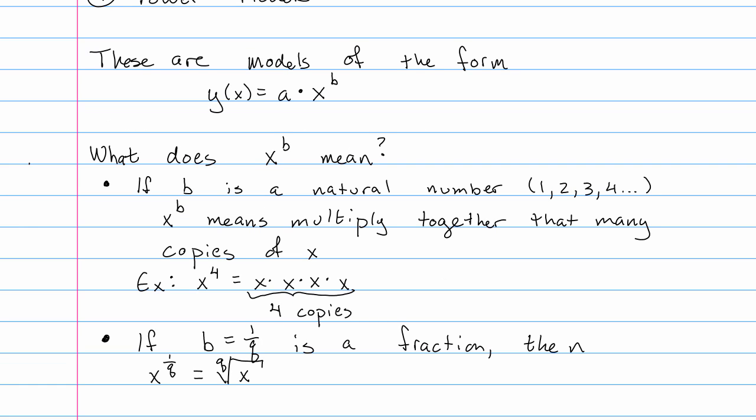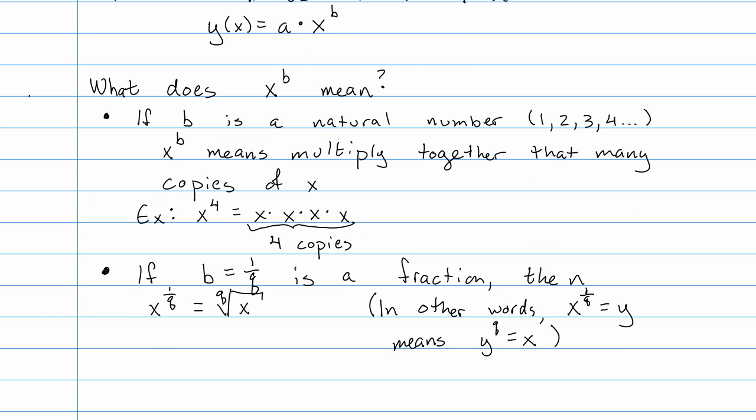If b is a fraction whose numerator is 1, then x to that power, x to the 1 over something, means take that root of x. In other words, if we call the number x to the 1 over q, if we call that y, that means that number to the q power is what gives us x.